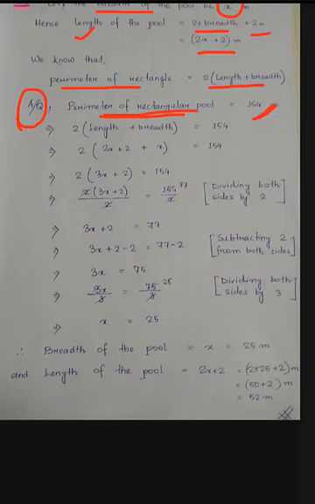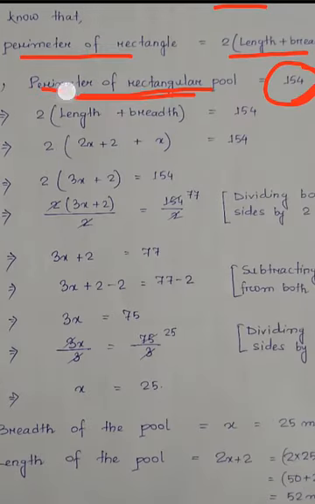Perimeter of the rectangle will be 154 as given in the question. Here in this part, this perimeter of rectangle will be replaced by this formula in the second step, twice length plus breadth, because perimeter of rectangle is equal to twice L plus B, that means length plus breadth, which is again equal to 154.